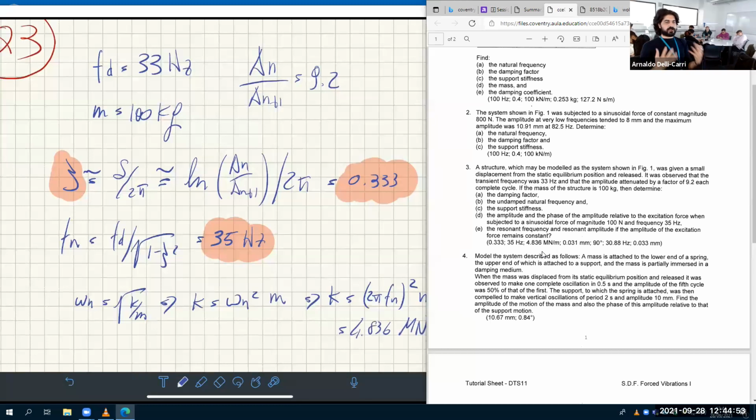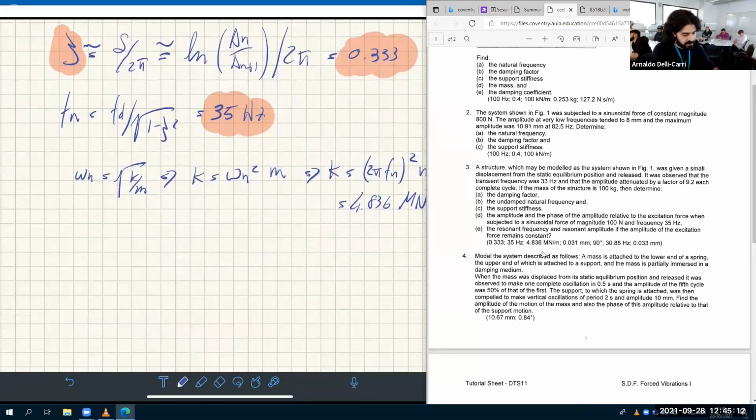Oh, now we do the actual forced stuff. The amplitude, we want to find the amplitude and the phase of the amplitude relative to the excitation force when subjected to a sinusoidal force of magnitude 100 Newton and frequency 35 Hertz.